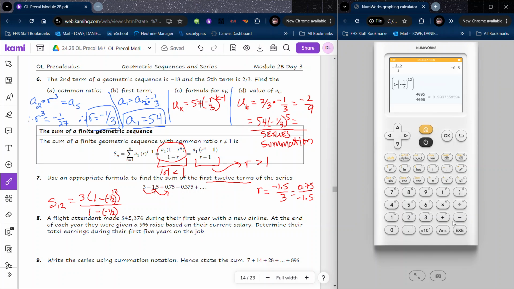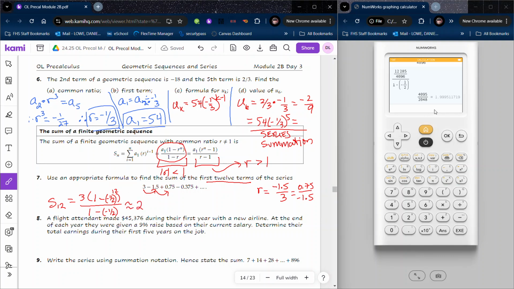Then I want to figure out that number, multiply that number by 3, and then divide by 1 minus negative 1/2.